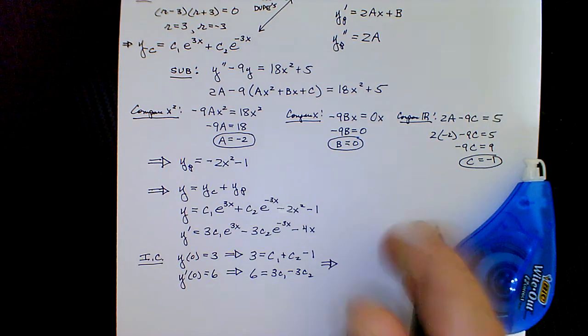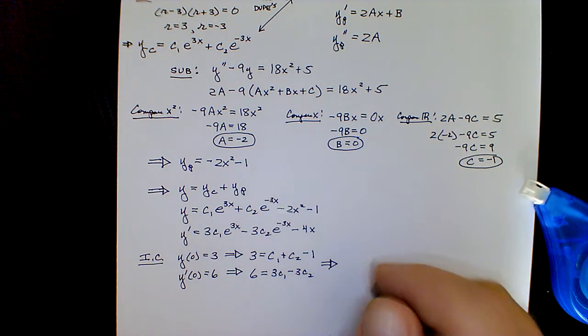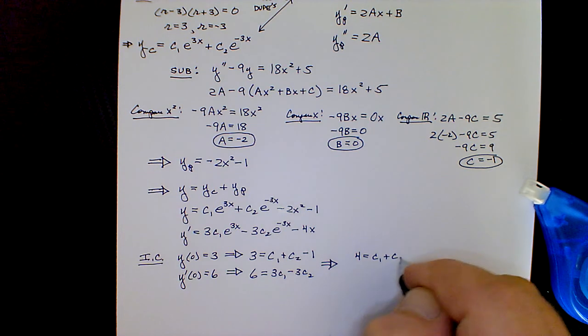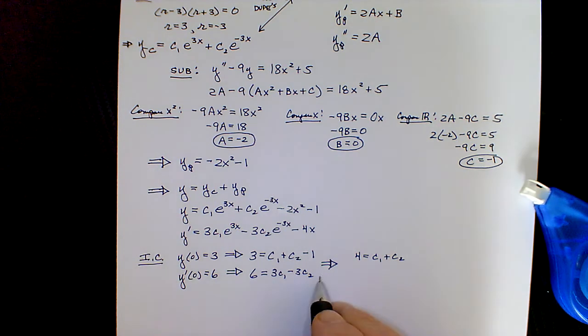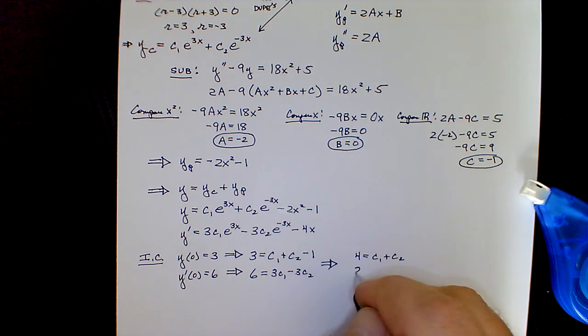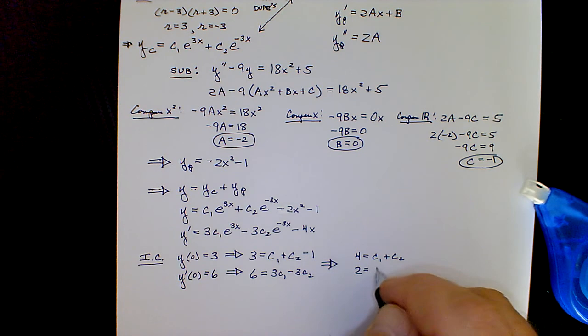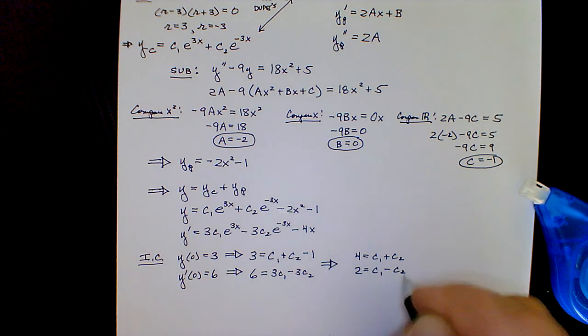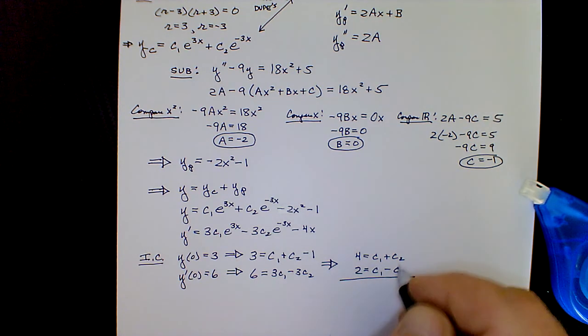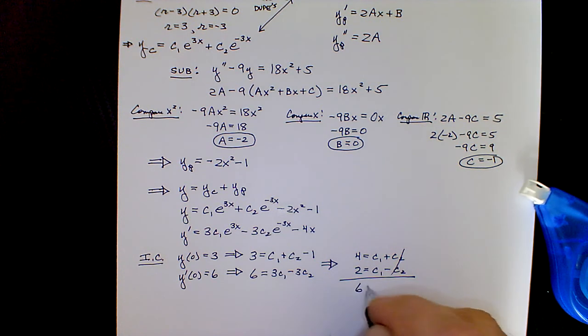Alright, so solve the system any way you like. I'm going to bring the negative 1 to the left, so make that 4 equals c1 plus c2. And then if I divide this bottom one by 3, we get 2 equals c1 minus c2. Add those two equations. The c2's are gone. 6 is equal to 2 c1s.